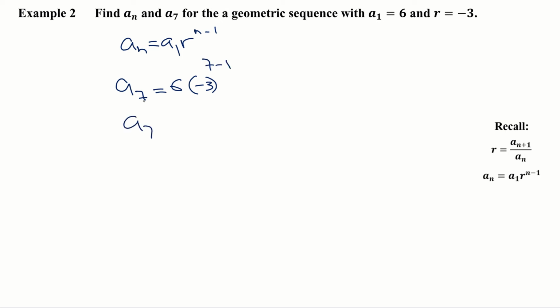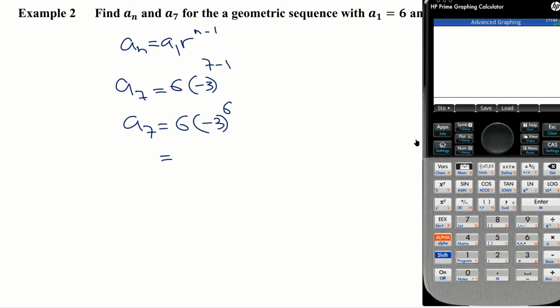So A7 is going to be 6 times -3 to the power of 6, and we just need to compute that. So we get 4,374.